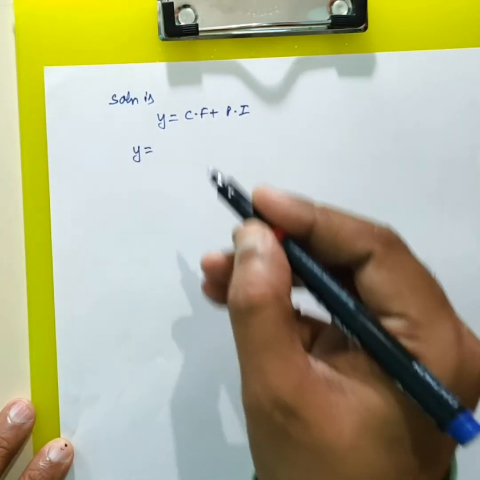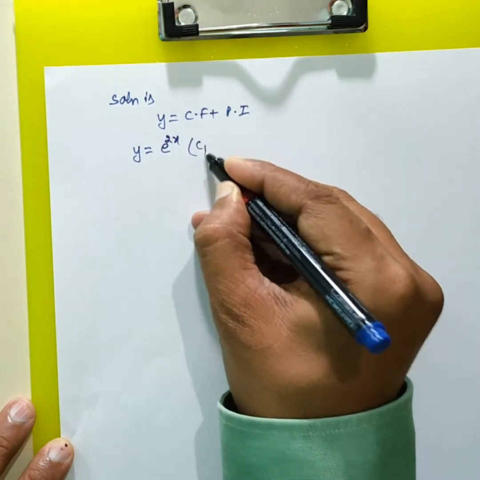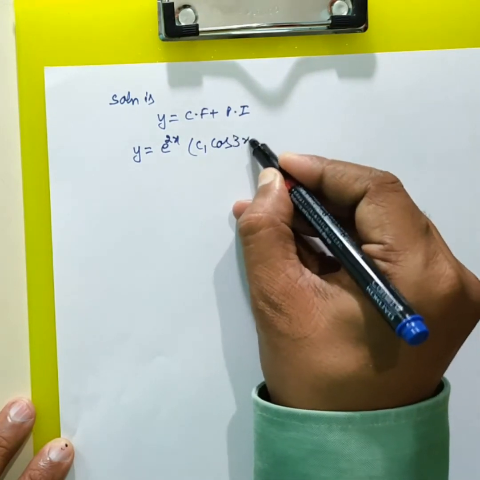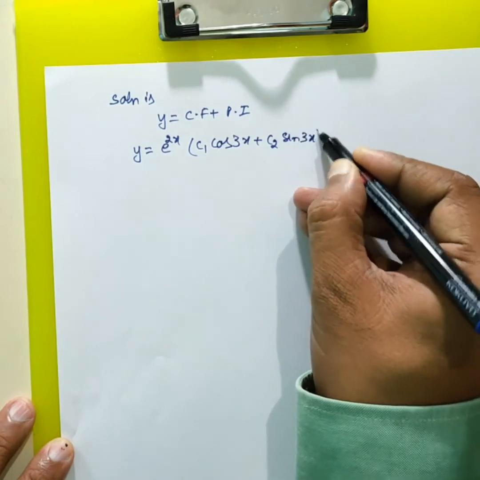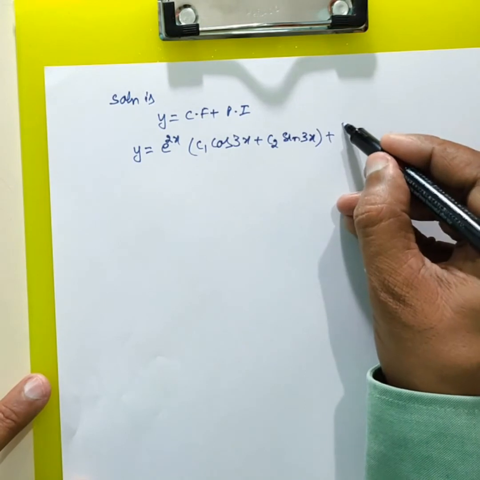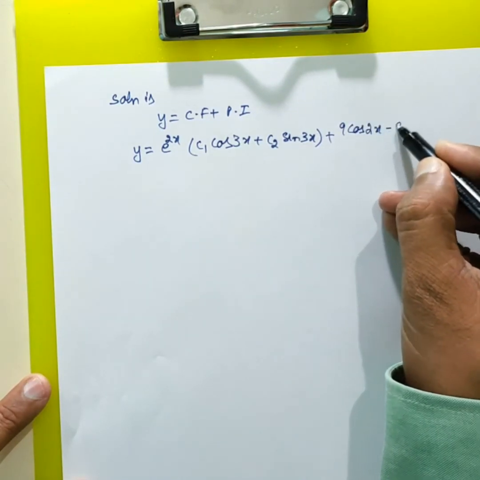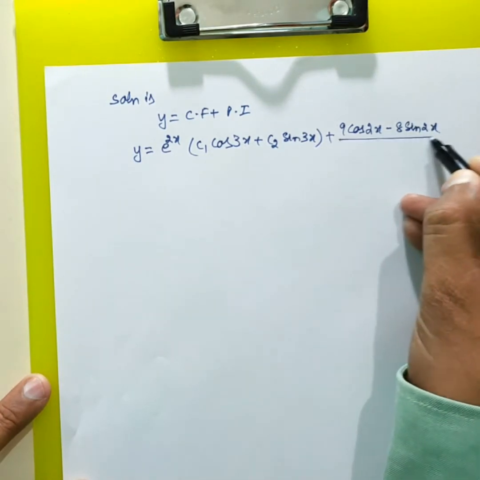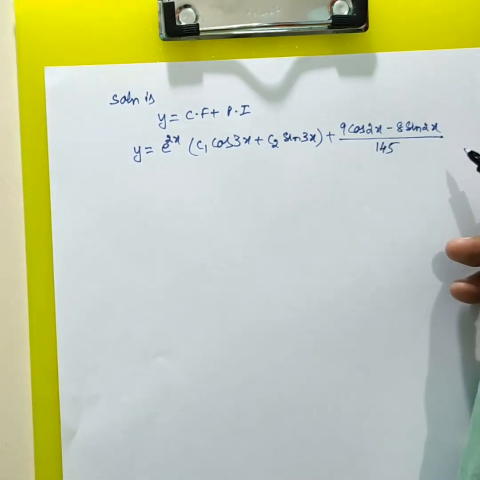So y will be equal to e power of 2x into (C1 cos 3x plus C2 sin 3x) plus the particular integral that we have got, which is (9 cos 2x minus 8 sin 2x) whole divided by 145. So that's the required solution.